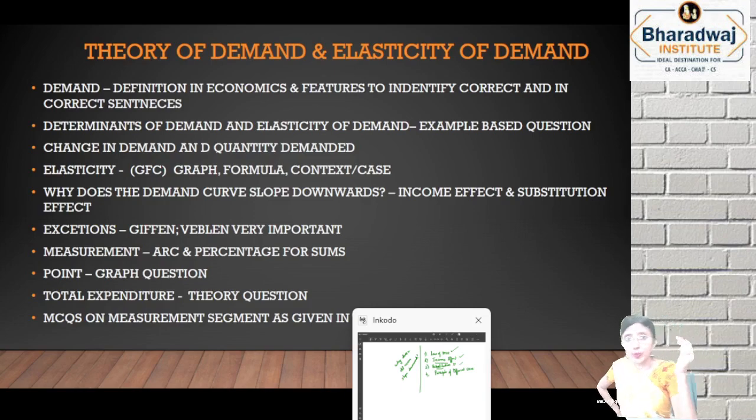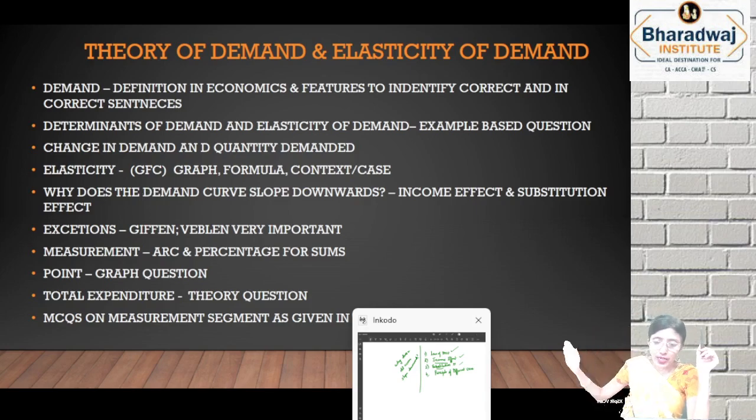Read the example; they will give you pizza, Pizza Hut, stationery products, sugar, coffee, all those things, right? And when you come to elasticity, what we saw: graph, formula, context. That is how your revision should be. We will be doing that very soon.